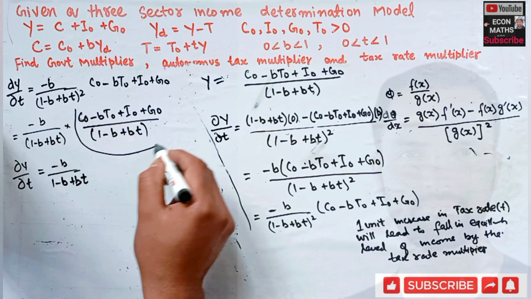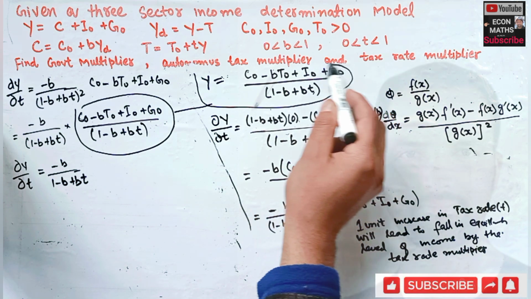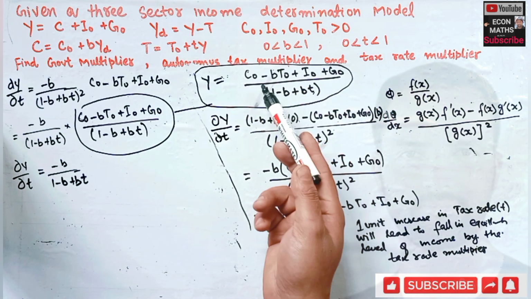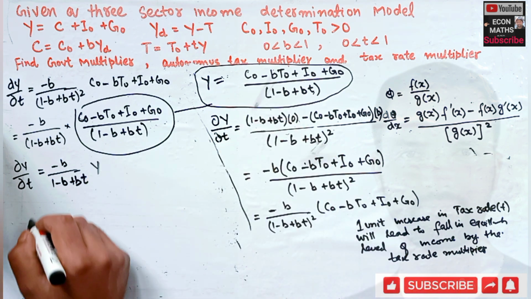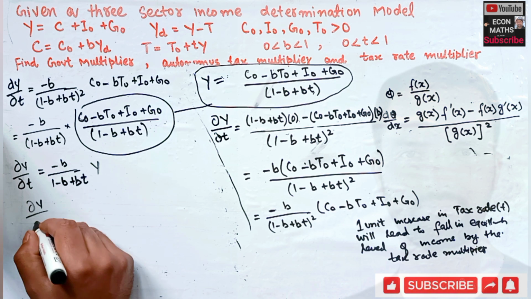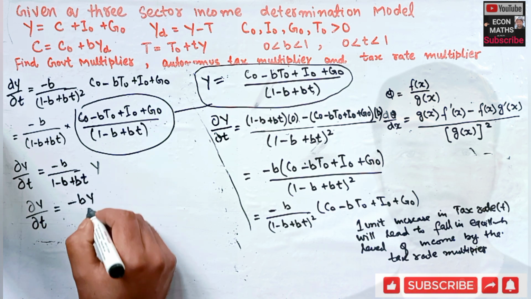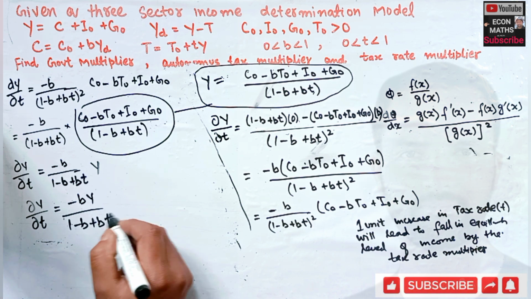And this term you can easily see is equal to the term which we have earlier calculated for the equilibrium level of income, okay. Then in place of this I can write y, that means dy upon dt is equal to minus by upon 1 minus b plus bt, okay.